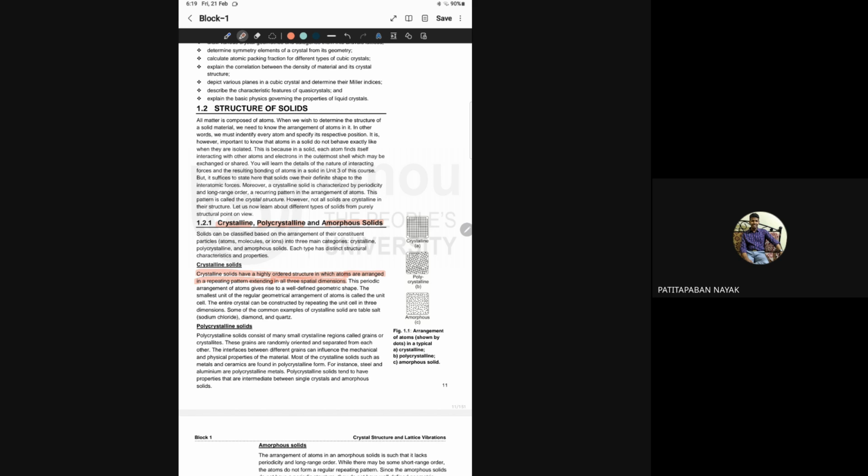That means if you have one crystal unit, then this unit itself will be repeated in space over large distance, as you can see in this figure. But in case of a powder, you will hardly see any kind of ordering. So this is highly ordered.